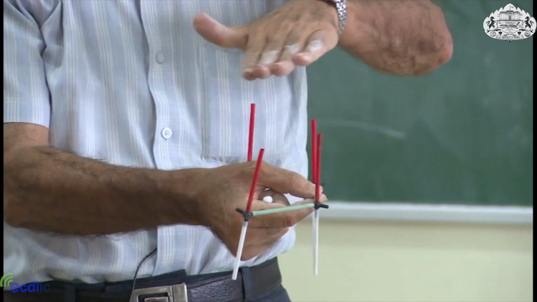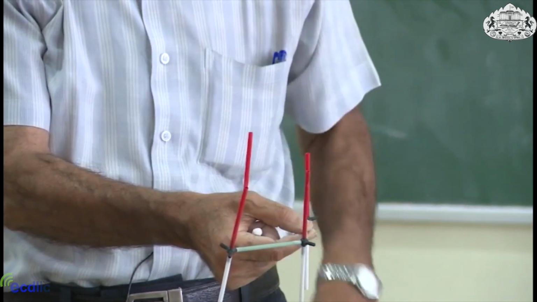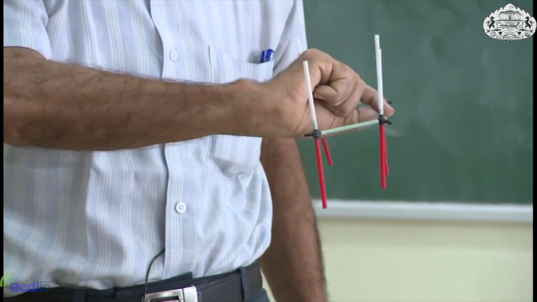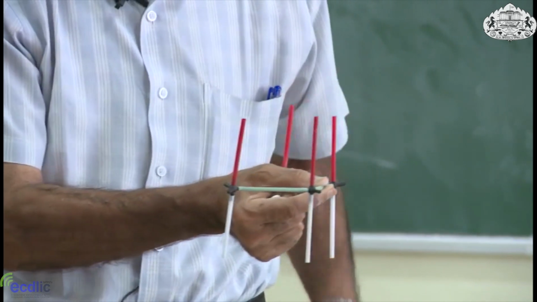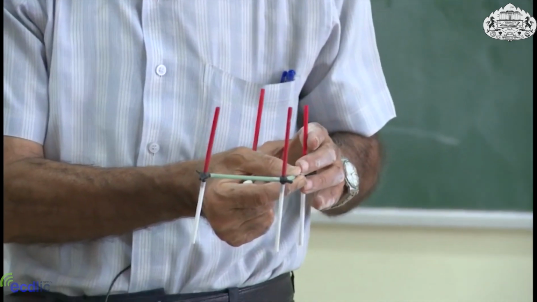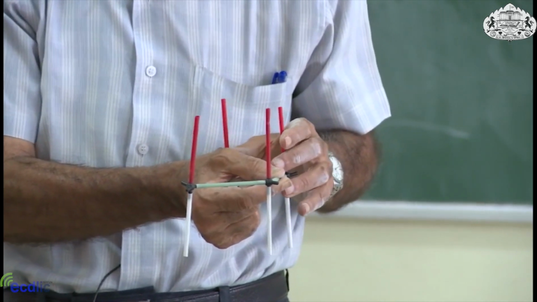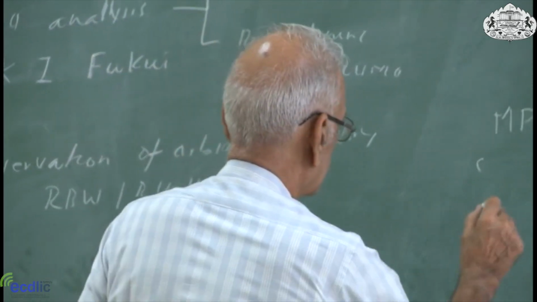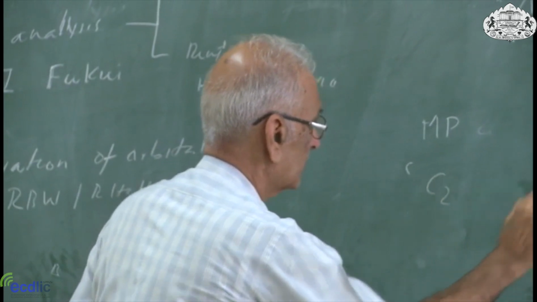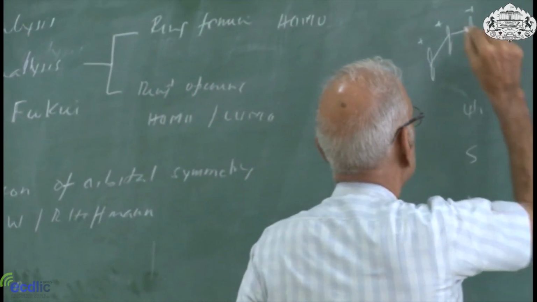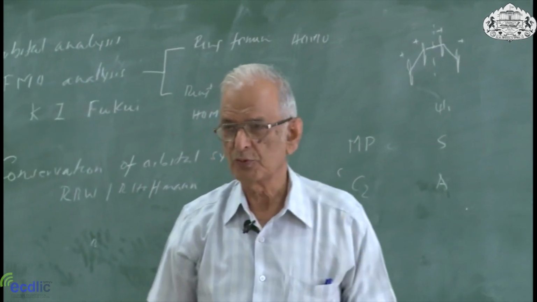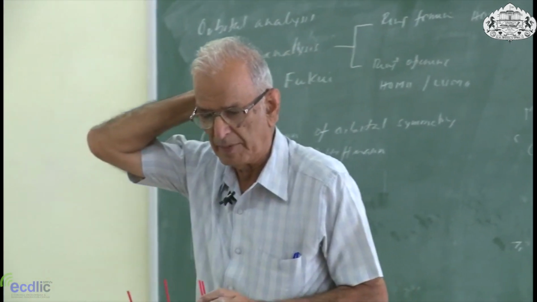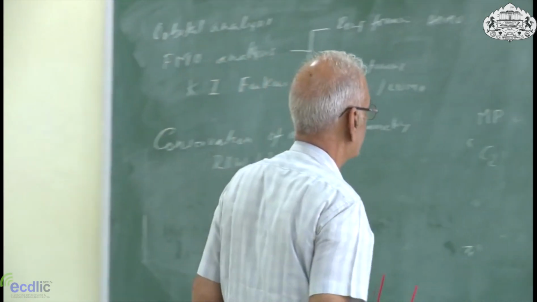What have we got? All positives are on the top. When I do this, all negatives are on the top. Therefore, for C2 axis of symmetry, it is anti-symmetric. That's your mirror plane symmetry, and C2, you rotate around the middle carbon-carbon bond.